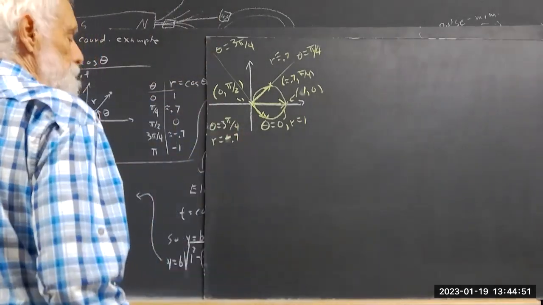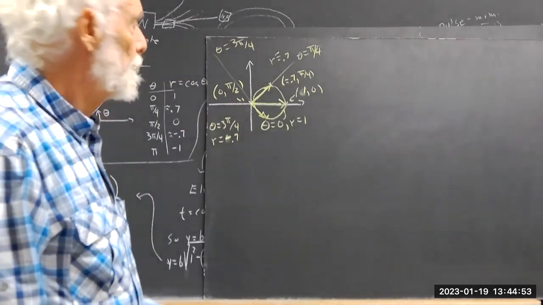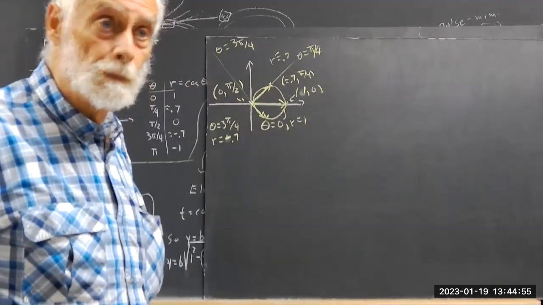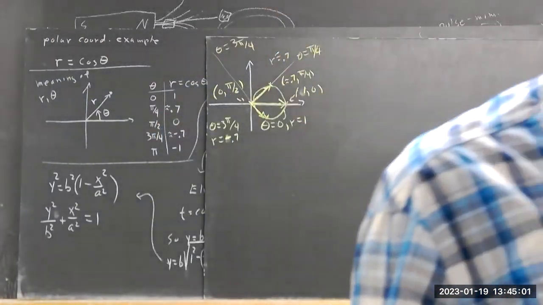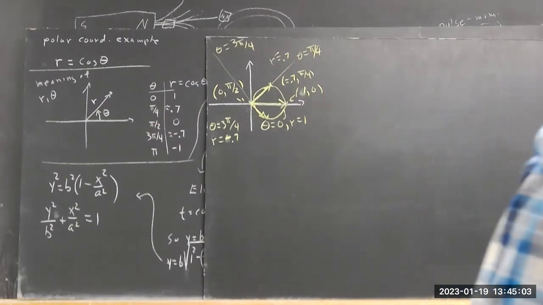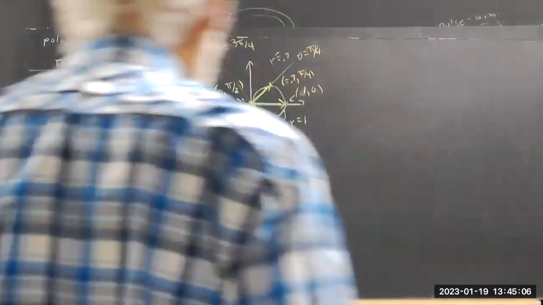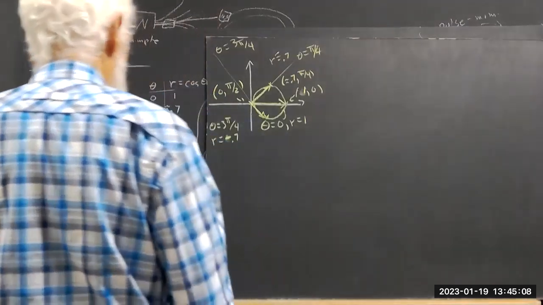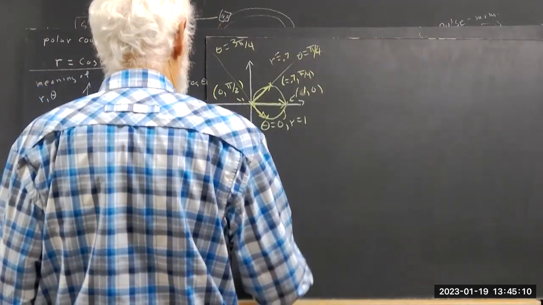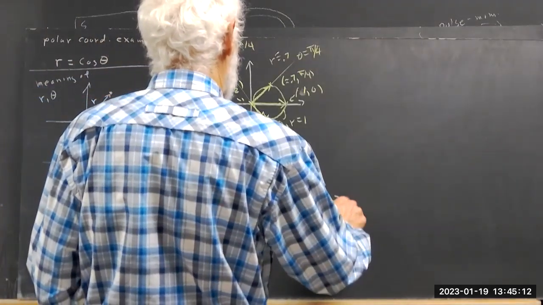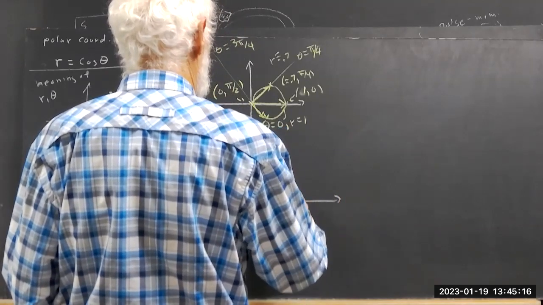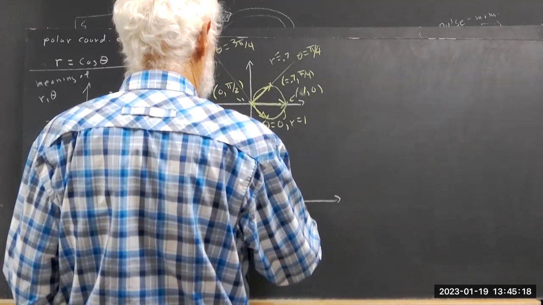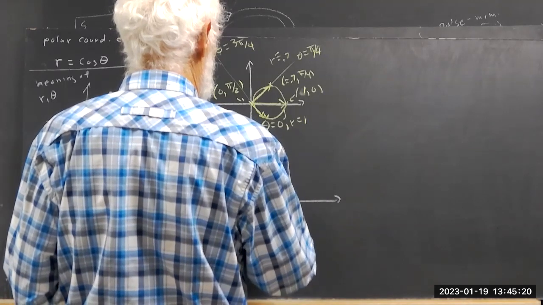Just an example of how you could sketch a curve. If I want to find the area of that circle, of course, I already know the area is pi r squared, which is going to be pi over 4. I do an integral.